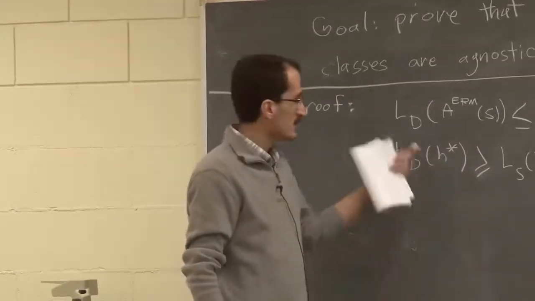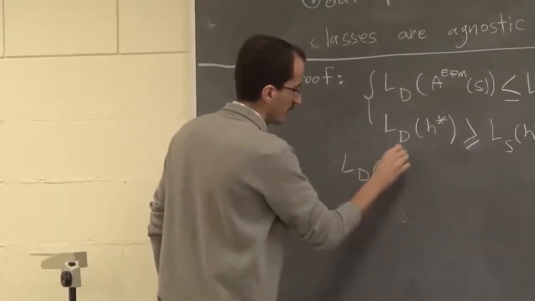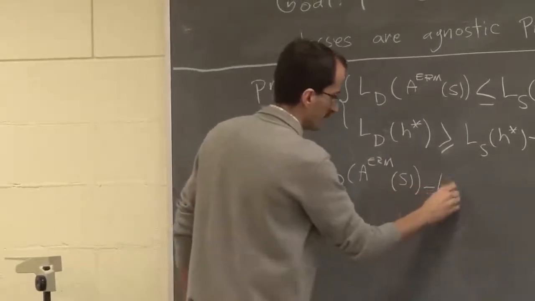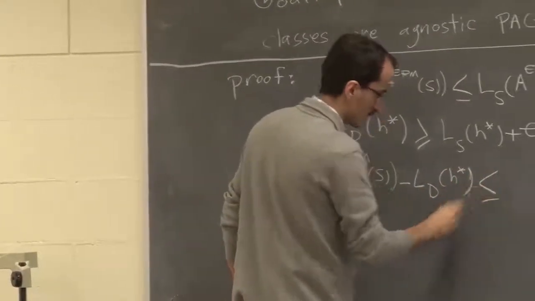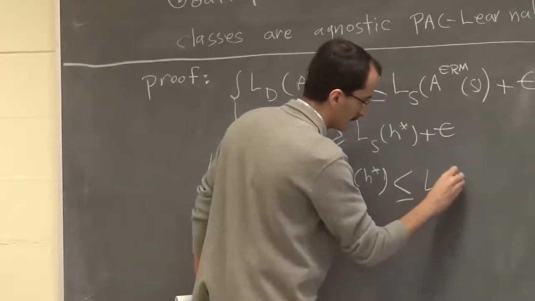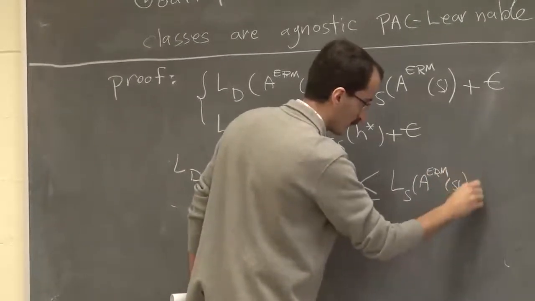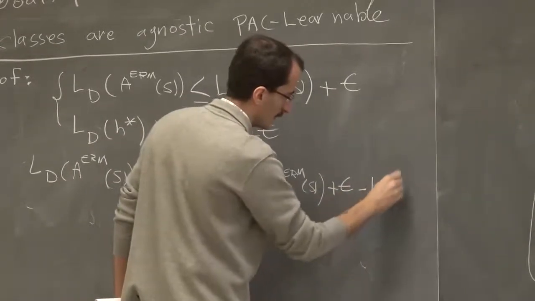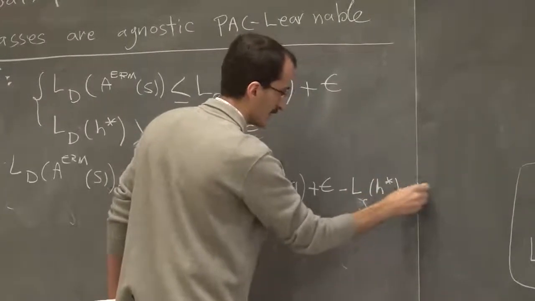Both cases will work. So using these two, we can combine them to say that L_D of ERM of S minus L_D of H star is smaller than, you can substitute L_S here, plus epsilon, minus L_S of H star, again plus epsilon.